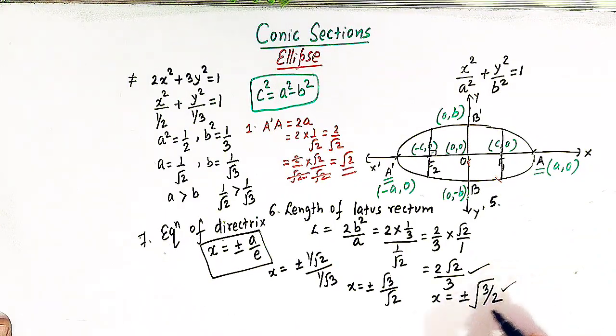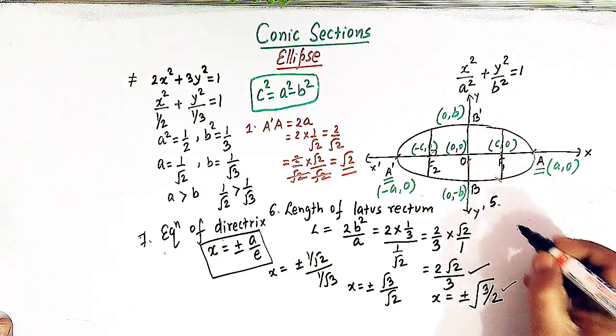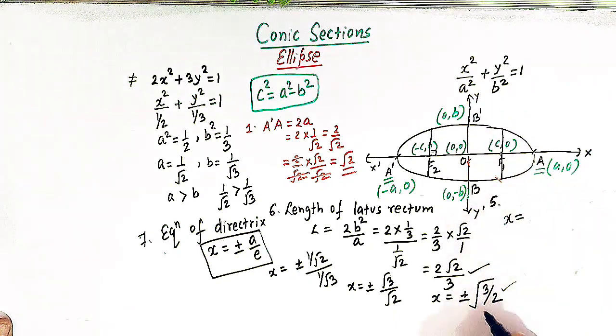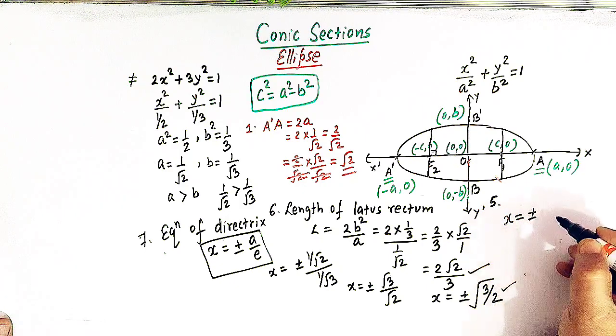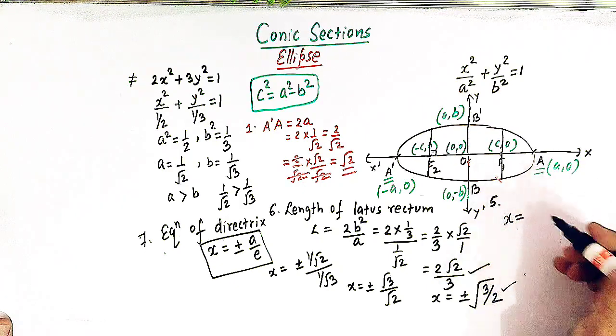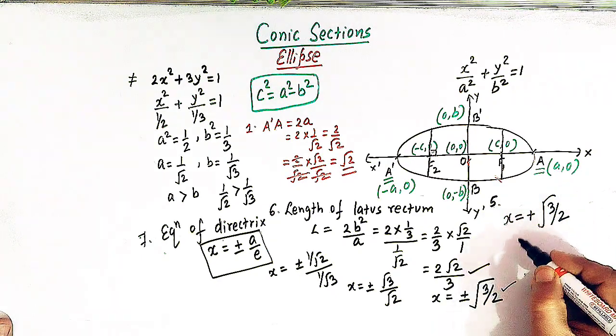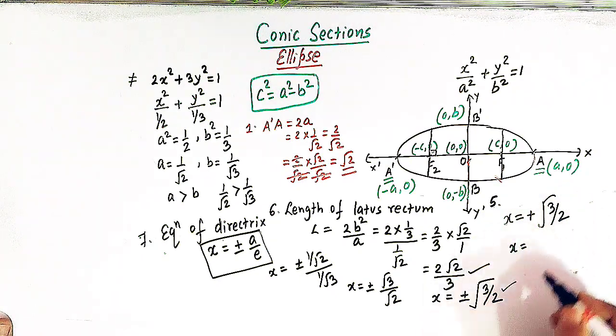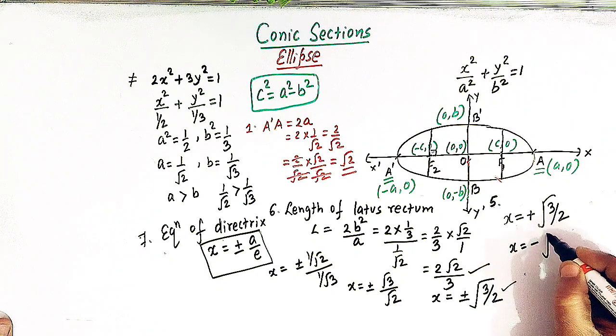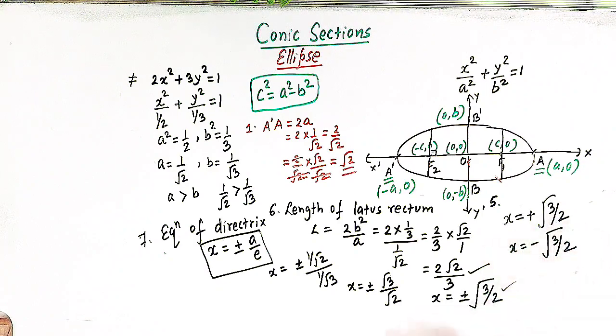So here we have two lines parallel to y-axis. So the first one is given by positive square root of 3 over 2, and the second line is given by negative square root of 3 over 2, right?